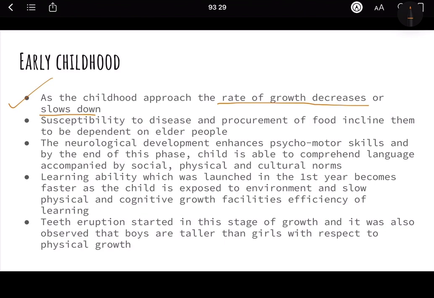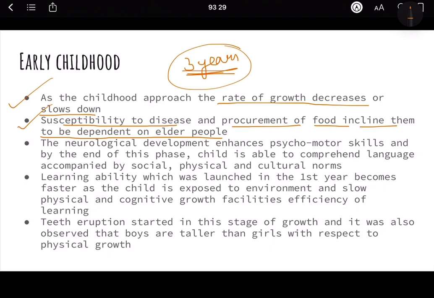The growth slows down, but there is susceptibility to diseases, and procurement of food incline them to be dependent on the elder people, because obviously 3 years का baby है or child है, he is still very young to be independent, and it depends upon its elder people, right?